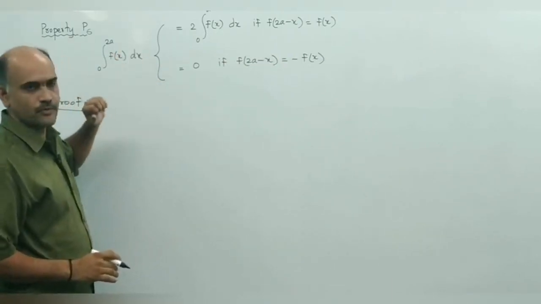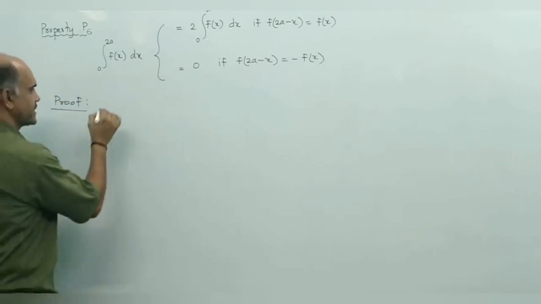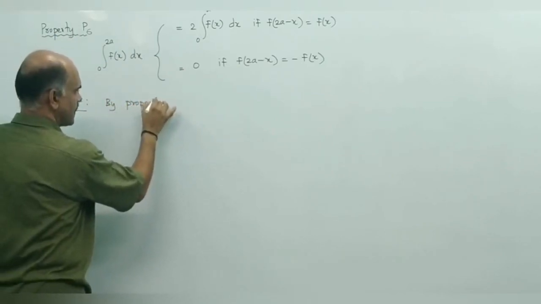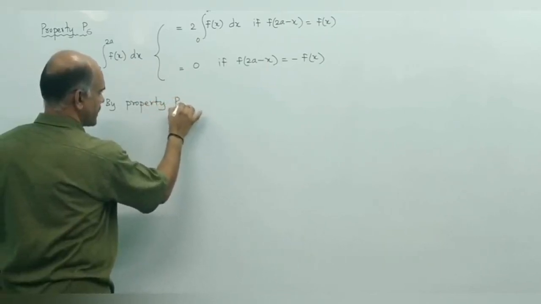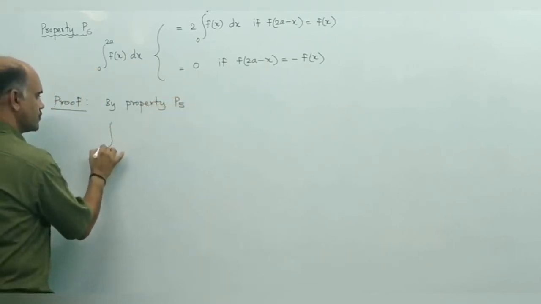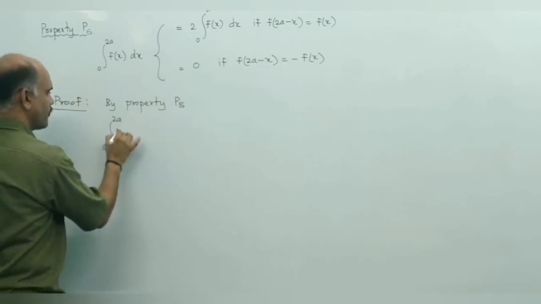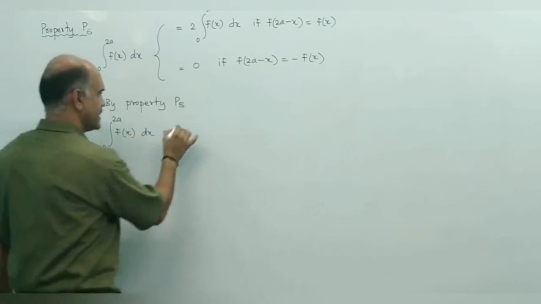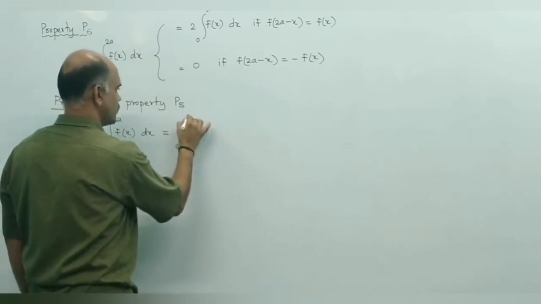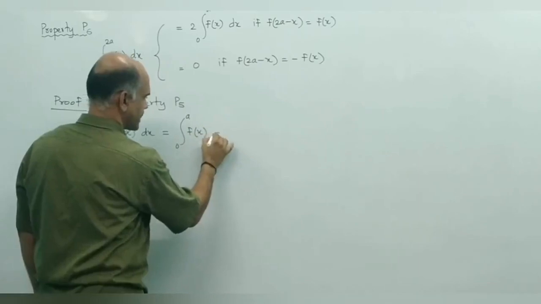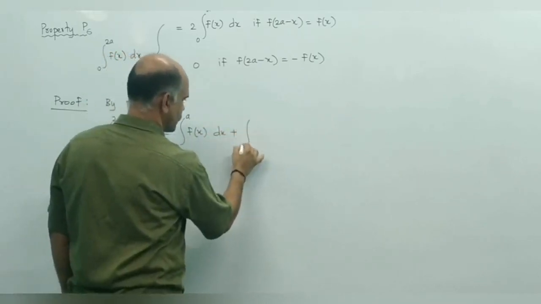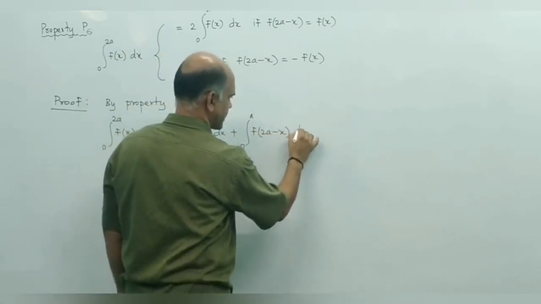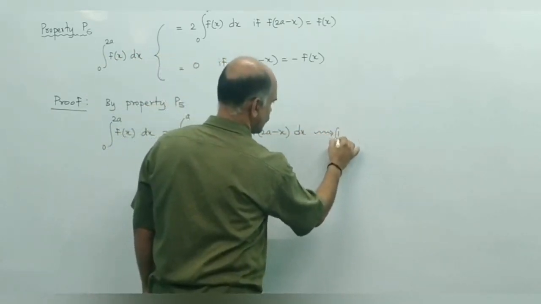So by the previous property, that is P5, 0 to 2a f of x dx I can write as 0 to a f of x dx plus 0 to a f of 2a minus x dx. This I will take as 1.